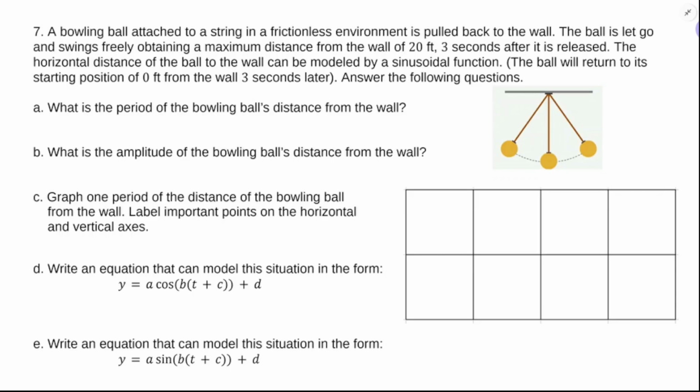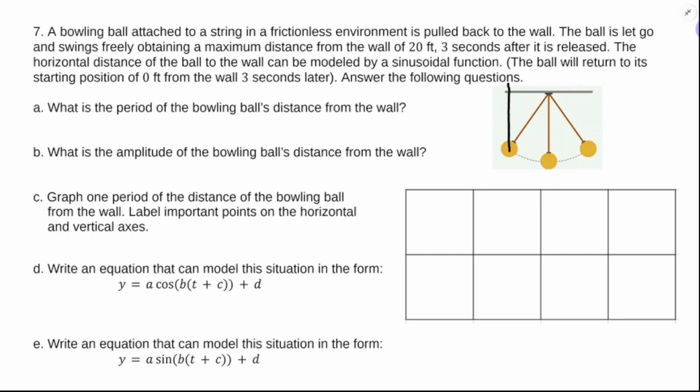Swings freely, obtaining a maximum distance from the wall of 20 feet. Okay, the ball will return to its starting position of 0 feet from the wall 3 seconds later. So they've given us the period. We're not talking about the frequency yet; we'll talk about that next time.